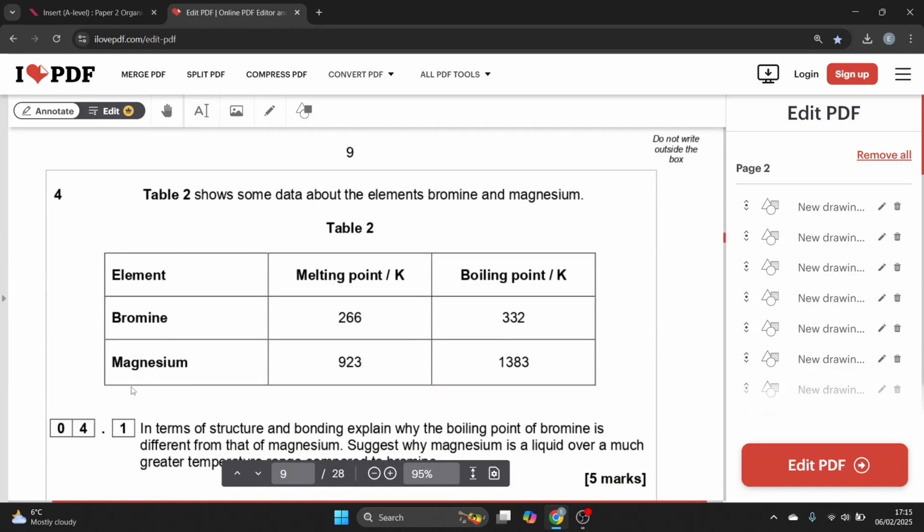Question 4. In terms of structure and bonding, explain why the boiling point of bromine is different from that of magnesium, and then suggest why magnesium is a liquid over a much greater temperature range than bromine. Okay.